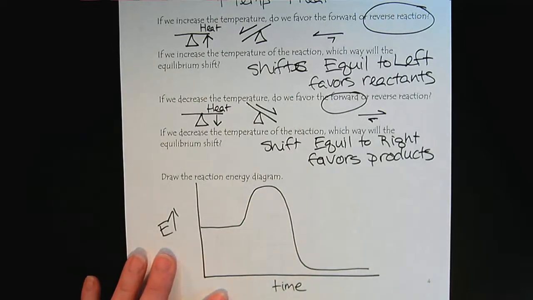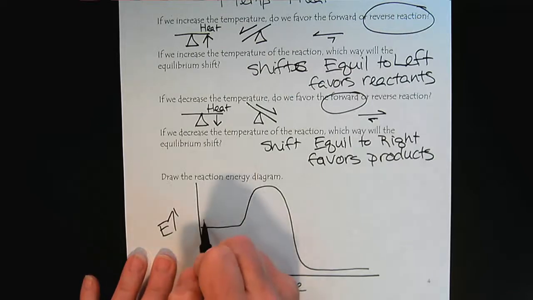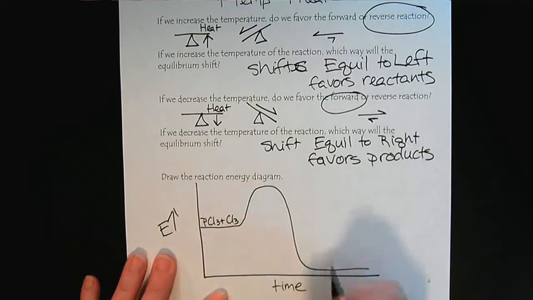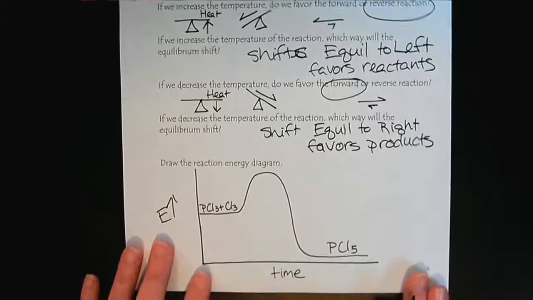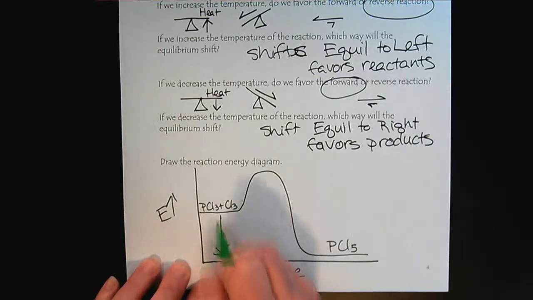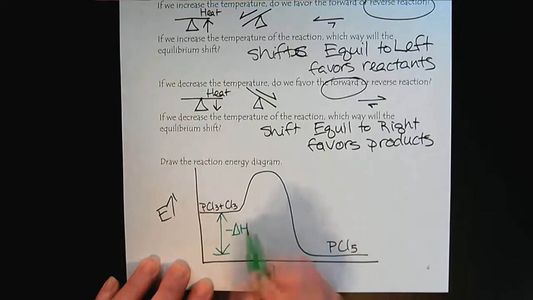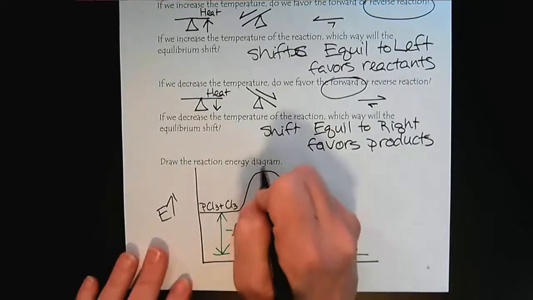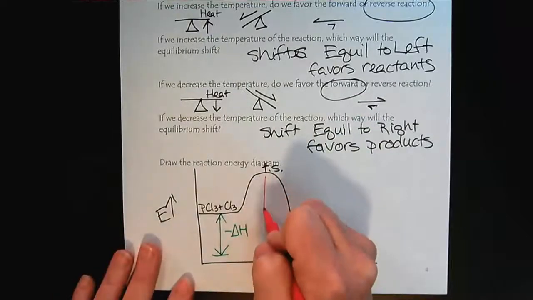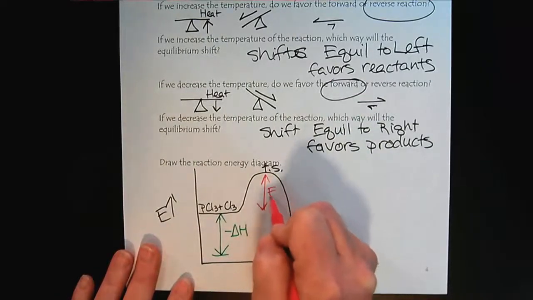But now we have a specific reaction, so we can write the reactants that are involved and the products. We can include the chemical formulas. The heat that is released as a product is shown here in the curve. And then we have our transition state, and we might as well fill in this.